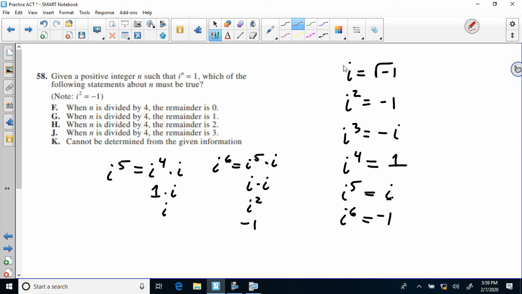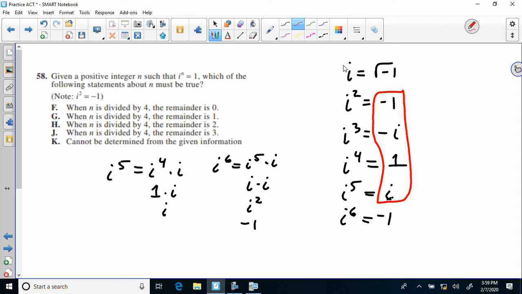I'm going to have -1, -i, +1, +i. And then it's going to repeat. If I kept going, I'm going to have -1, -i, +1, +i. And those 4 values repeat over and over in the same exact order.